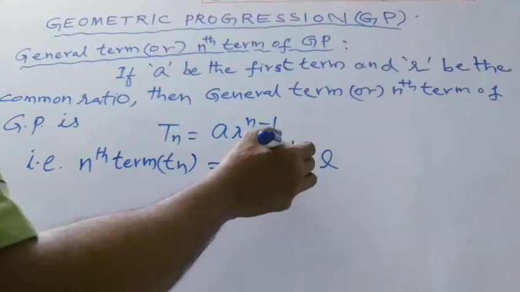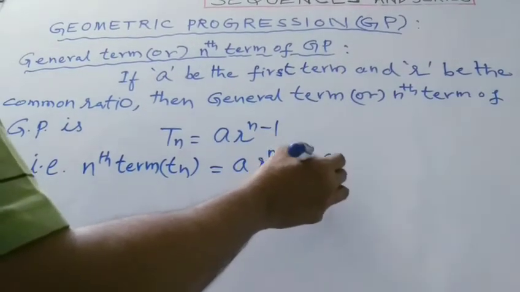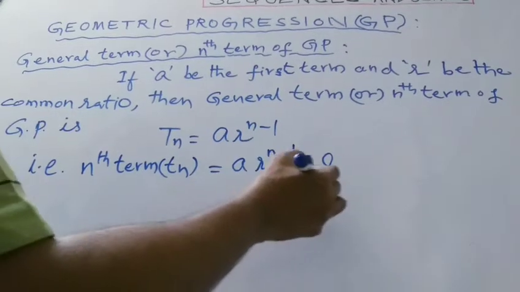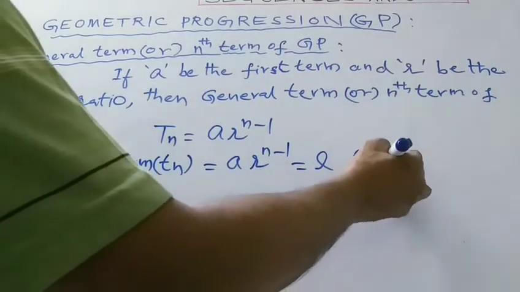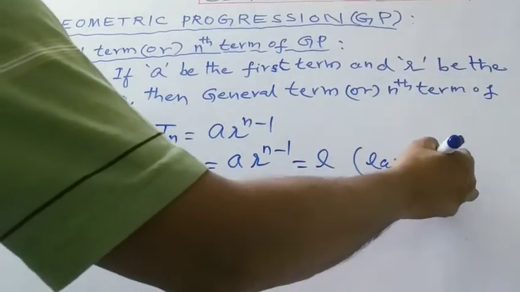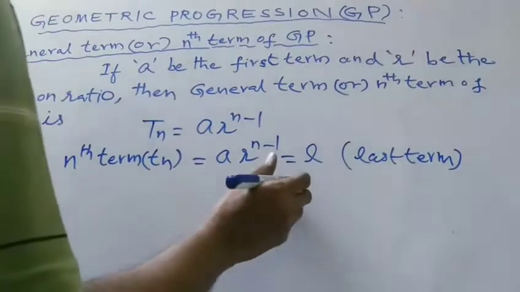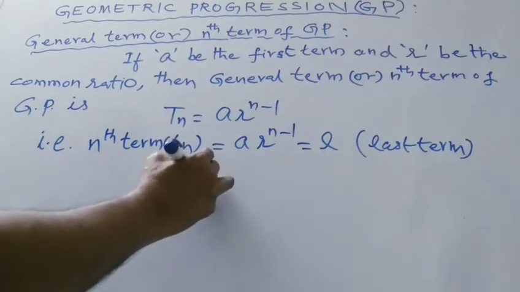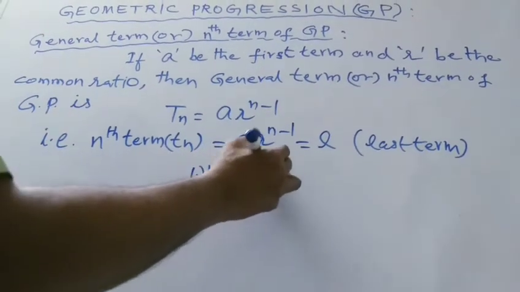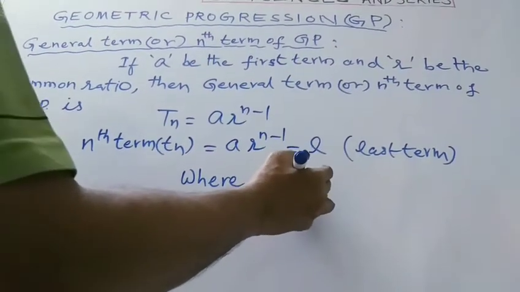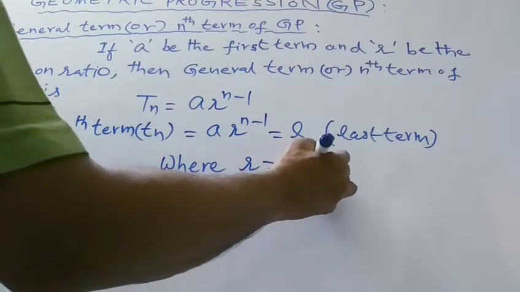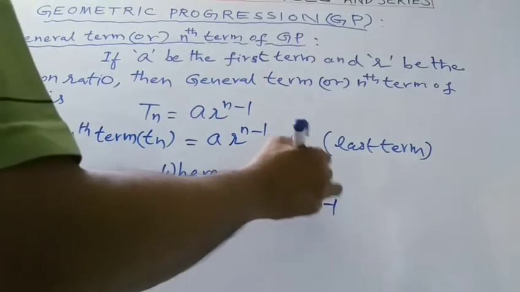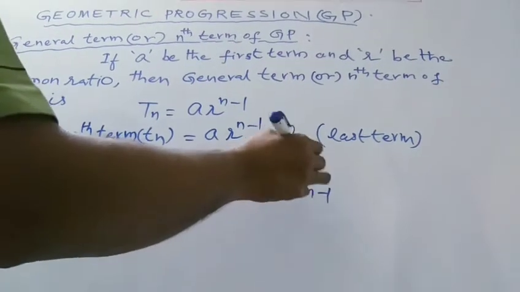From the end we have to take last term is equal to also a into r to the power of n minus 1. This l is the last term. Where this r is common ratio, r is equal to Tn by Tn minus 1. Tn by Tn minus 1 is the common ratio.